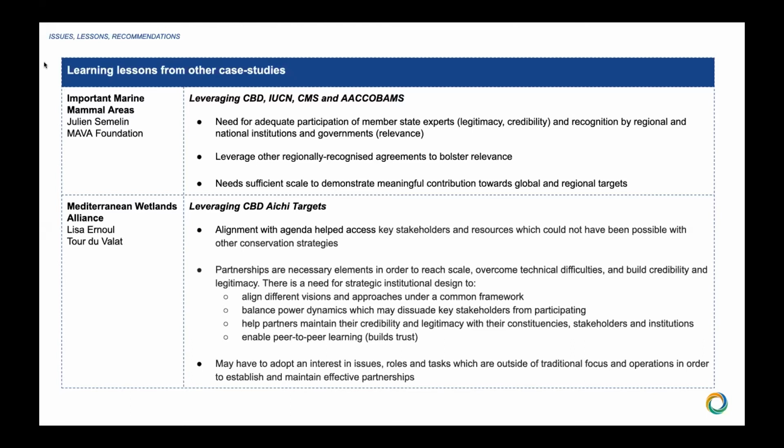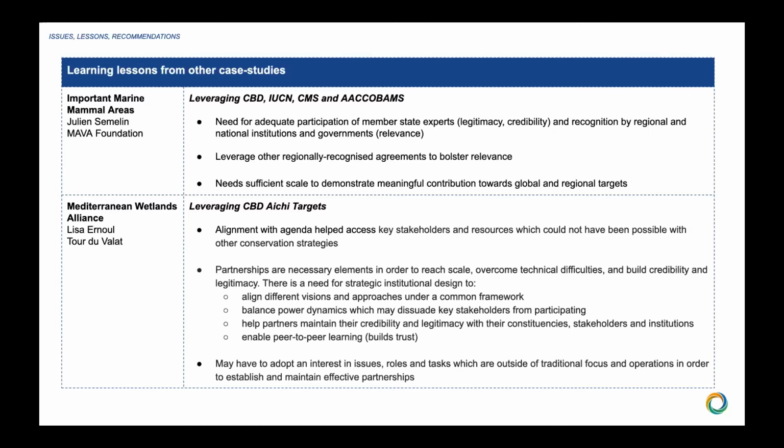Okay, great. So we also had two other case studies within our work that we use to vet our theory of change with. And one of them was from the MAVA Foundation, which facilitated the designation of important marine mammal areas in the Mediterranean Sea. And they leveraged a regional agreement on the conservation of cetaceans, the Convention on Biological Diversity, the IUCN Key Biodiversity Areas, and the Convention on Migratory Species.